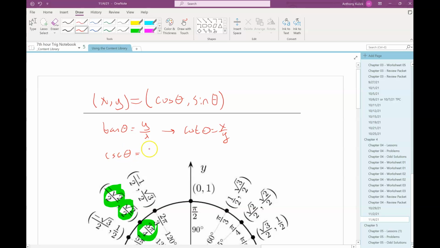Cosecant is the reciprocal of sine, so that's 1 over y. And secant is the reciprocal of cosine, so that's 1 over x. Is that what you needed? Yeah. No problem. And this is all stuff we did in chapter 2, right?